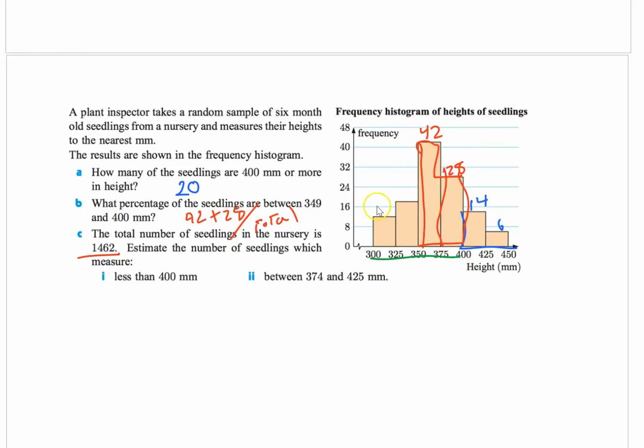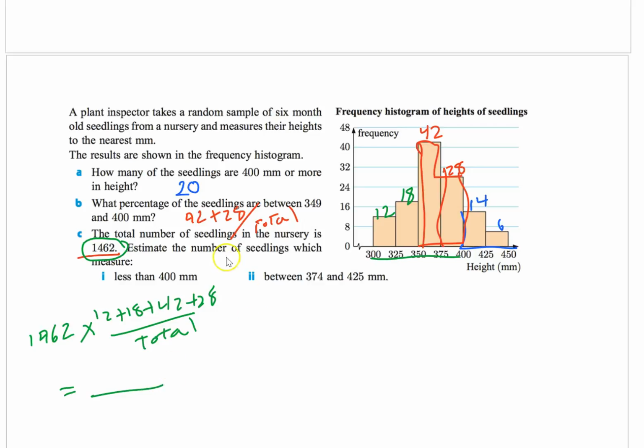Again, this looks like it might be like 12. So let's say 18. You're going to go 12 plus 18 plus 42 plus 28 divided by the total, which again, too lazy to look for. And then since they want you to estimate for the 1462, the census they took, basically the whole thing, that's going to be a percentage there. You just multiply that by 1462. And that'll get you a rough estimate of how many of them are less than 400.